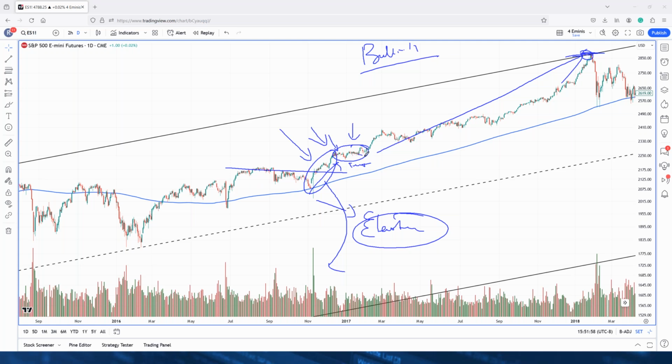If this were to change and the test just goes down and breaks multiple levels, okay, we're going to change our outlook. But for now, if it quacks like a duck, if it walks like a duck, it's an uptrend. It's an uptrend until it's broken.